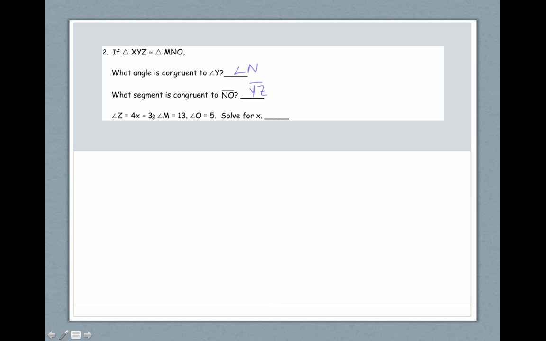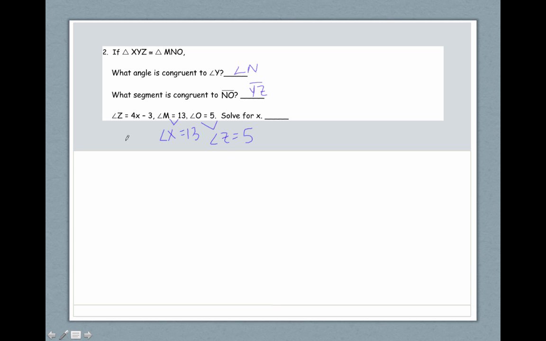If angle Z is 4x minus 3, angle M is 13, and angle O is 5, so this means that also angle X is 13. This says also angle Z is 5.